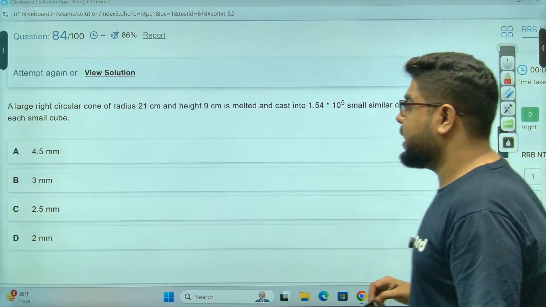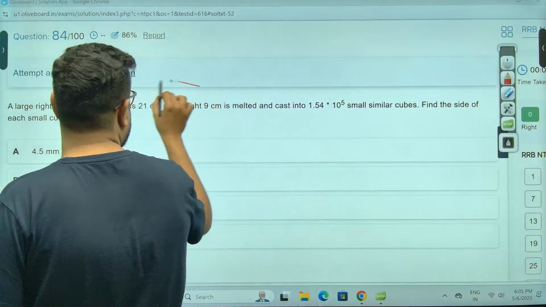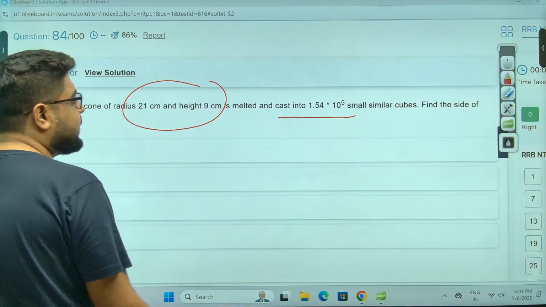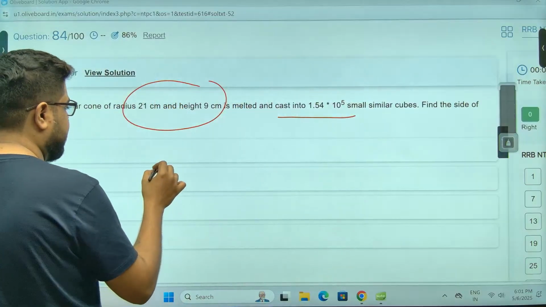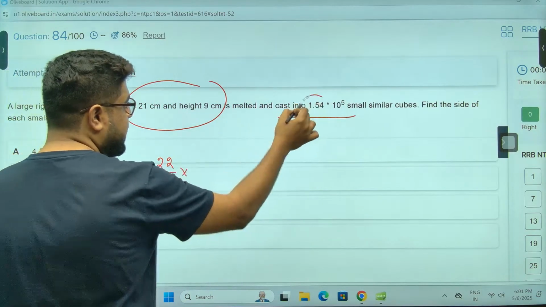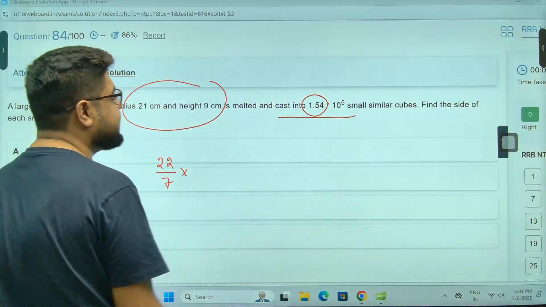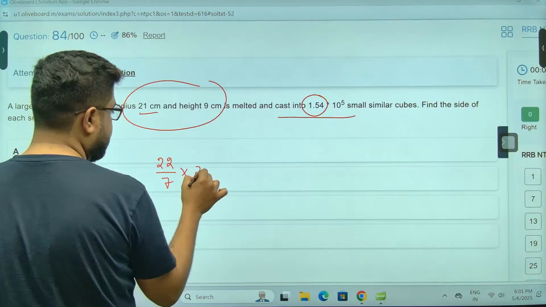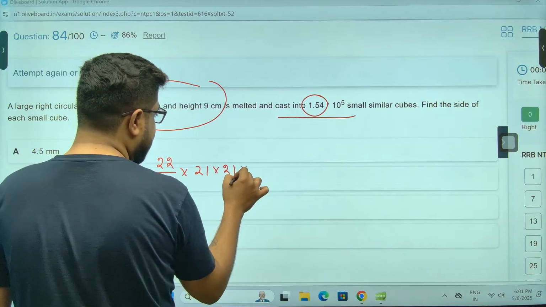A large right circular cone of this and this is melted and recasted into small cubes, side of each small cube a. Let's take pi as 22 by 7, 154 is a very good value of pi. 22 into 7 is 154 into r square, 21 into 21 into h is 9.